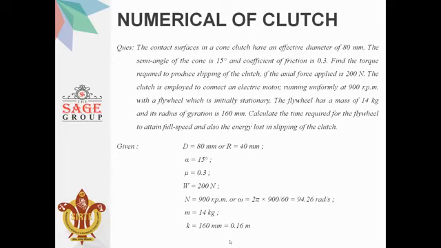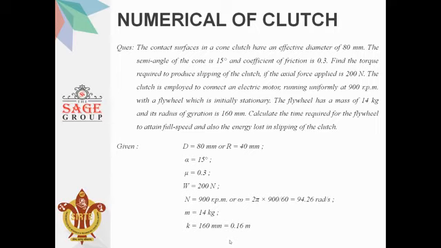The clutch is employed to connect an electric motor running uniformly at 900 rpm with a flywheel which is initially stationary. The flywheel has a mass of 14 kg and its radius of gyration is 160 mm. Now calculate the time required for the flywheel to attain full speed and also energy lost in the slipping of the clutch.